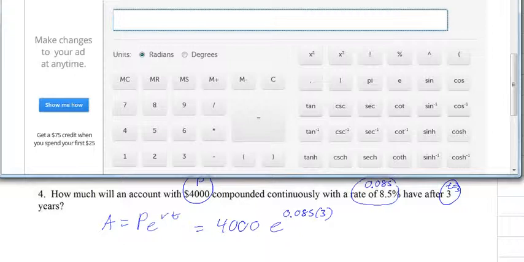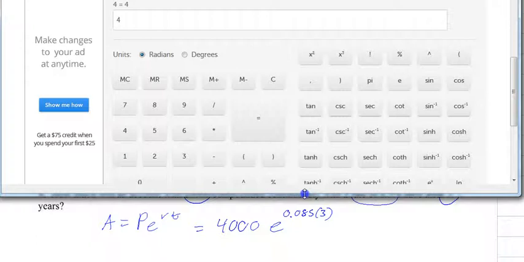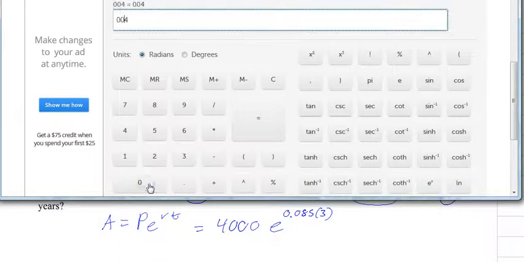So we plug it into the calculator. So we do 4,000. Let's clear it out. Try it again. 4,000. And then the E is right here. So you hit the E button.